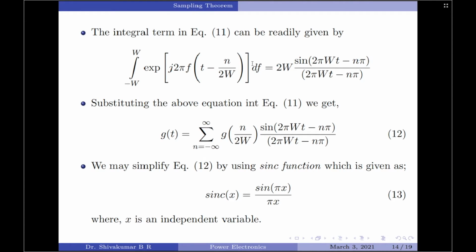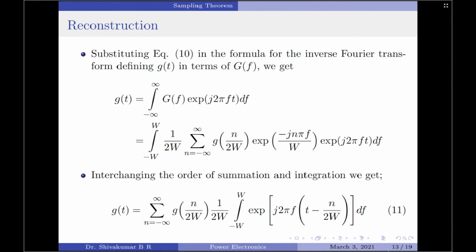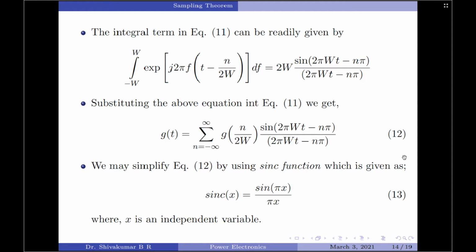So, I am going to substitute the RHS of this equation in place of the integral term in equation 11 to obtain a new equation, which is g(t) equals summation n varying from minus infinity to plus infinity g(n by 2w) multiplied by, in place of the integral term, we will write this.